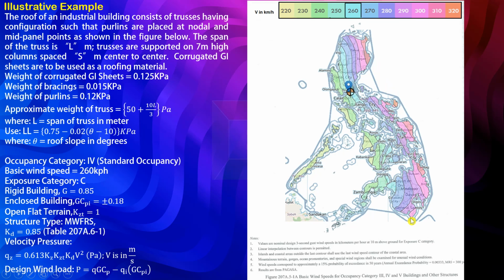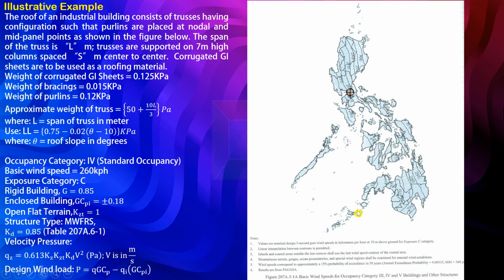Itong 320. Kasi may tatlong map tayo, na wind map. So, for occupancy category 1, 2, and itong combine, 3, 4, and 5. So, yung occupancy category natin is standard occupancy. So, under lang siya sa category 4. So, ito yung kukunin natin na graph.